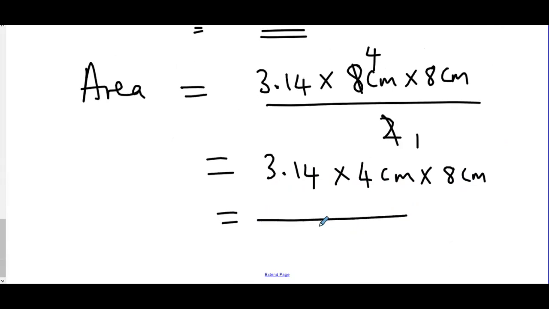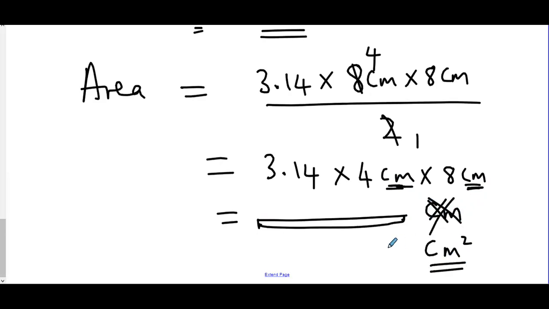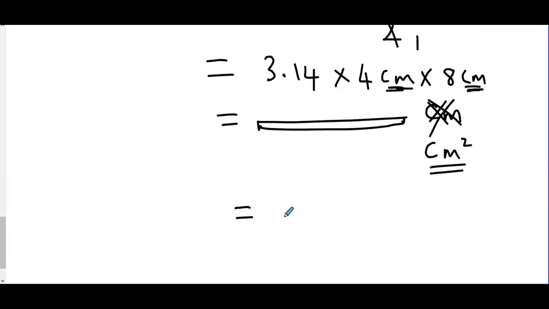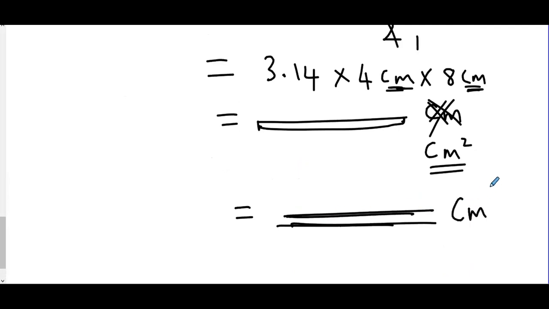And can you tell me, this answer which you'll be getting here, will it be centimeter or will it be centimeter square? I guess you said centimeter square. How did we get centimeter square? Take centimeter times centimeter. Centimeter times centimeter is centimeter square, and not centimeter. So your final answer will be dash. I want you to finish this blank and then write centimeter square.